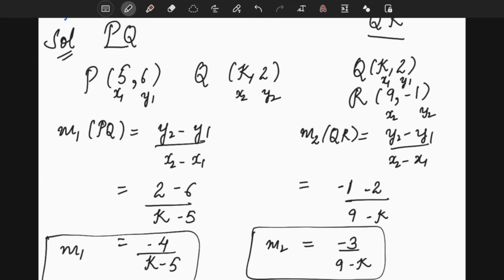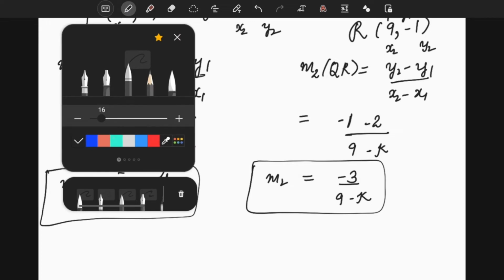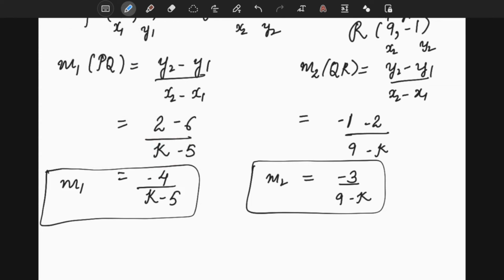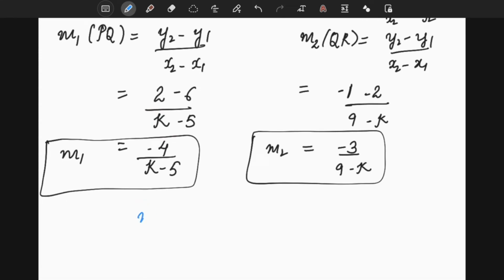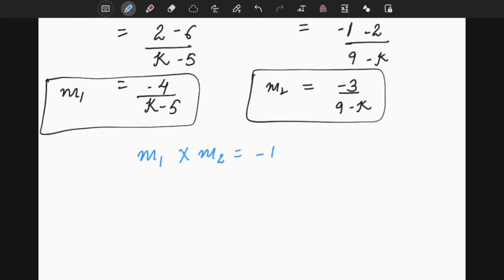As I already told you, the product of the slopes of two perpendicular lines is equal to minus 1. Now we have m1, we have m2, and the product of both is equal to minus 1. Write m1, it's 4 over k minus 5, into m2, which is minus 3 over 9 minus k, is equal to minus 1.